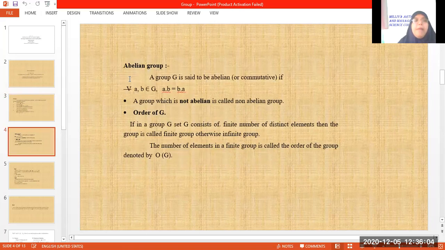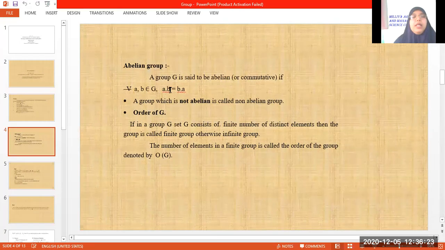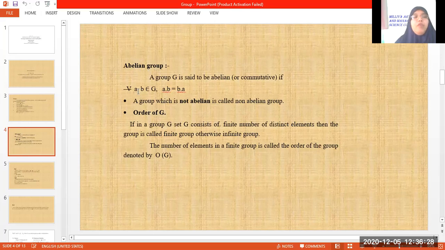Next, abelian group. If in a group, four axioms are satisfied, that is closure property, associative property, existence of identity, and existence of inverse, and in addition to these four properties, one more property is satisfied, that is commutative property: for every A, B belonging to G, A dot B is equal to B dot A, then it is called an abelian group or commutative group.